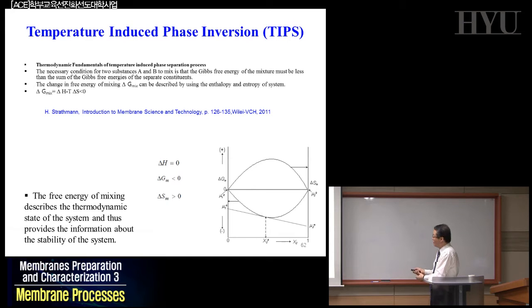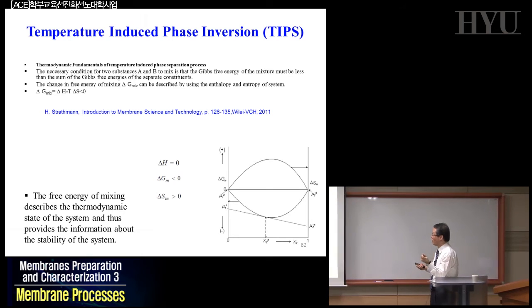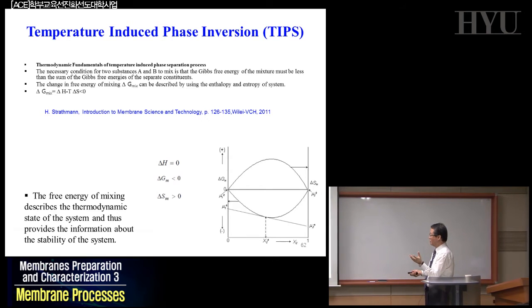When you look at this curve here, this is the change of Gibbs free energy of mixing, delta GM, versus the composition of your binary mixture, where the x-axis goes from 0 to 1, and this is x2. Number 2 means the polymer, and number 1 means the solvent.